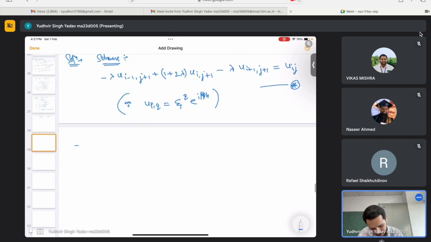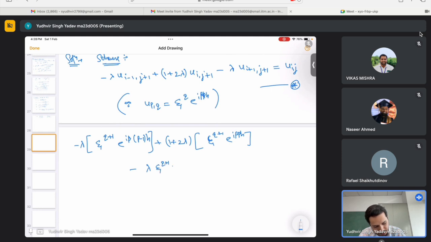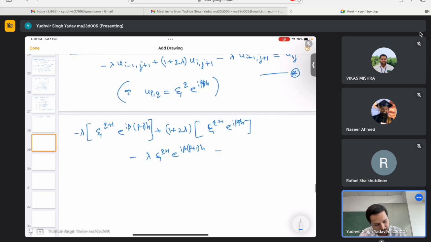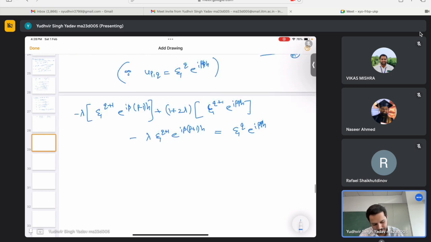We will have minus lambda times xi to the power q plus 1 e to the power iota beta (p minus 1)h, plus 1 plus 2 lambda xi to the power q plus 1 e to the power iota beta ph, minus lambda times xi to the power q plus 1 e to the power iota beta (p plus 1)h equals, the last term is nothing but xi to the power q e to the power iota beta ph.